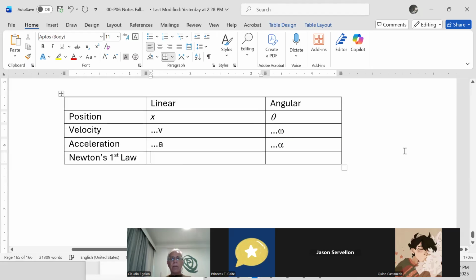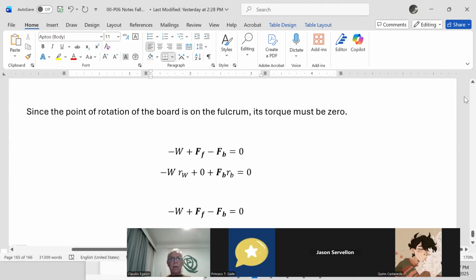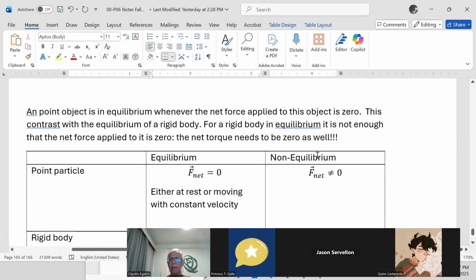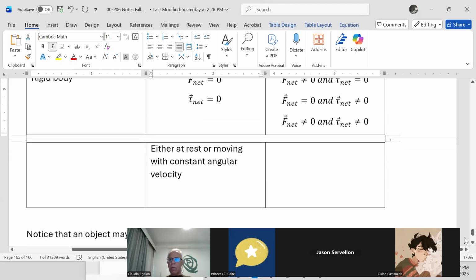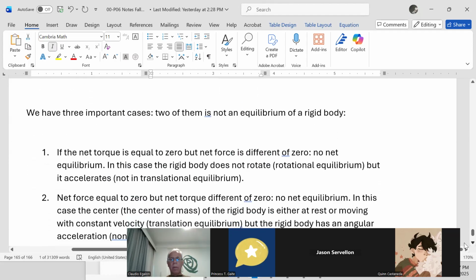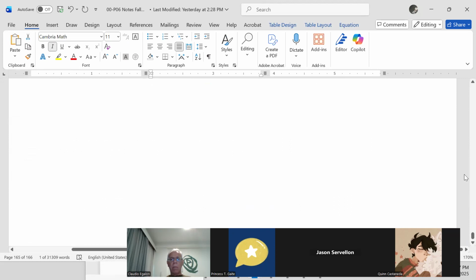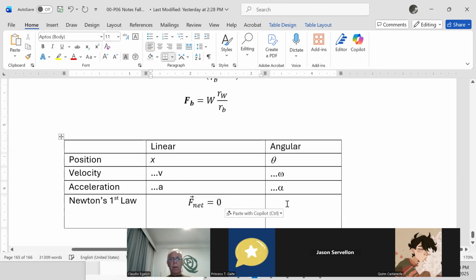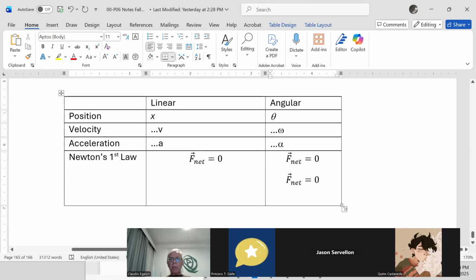The linear case is F net equal to 0. The other case is F net equal to 0 and net torque equal to 0.